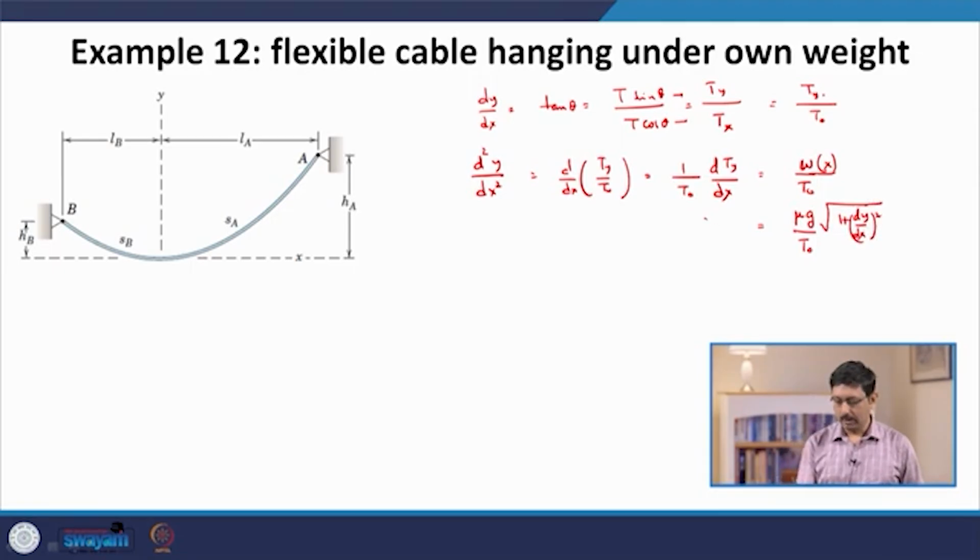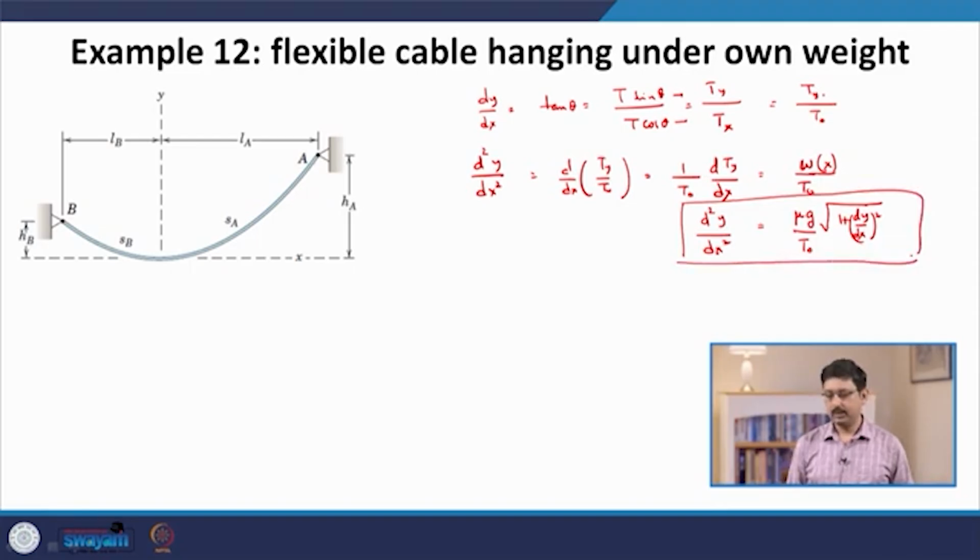So, our equation for curvature, which is the second derivative of y as a function of x, if the rope is massive, is now slightly different. It looks more complicated than the case where the rope is massless.